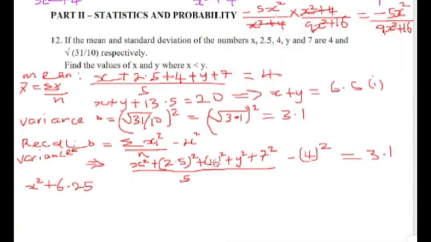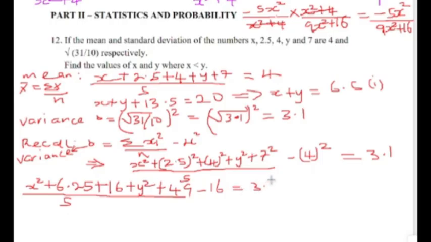Then also we need to square 4, that is 16. Then y squared, 7 squared is 49. Everything divided by 5 minus 16 is equal to 3.1.